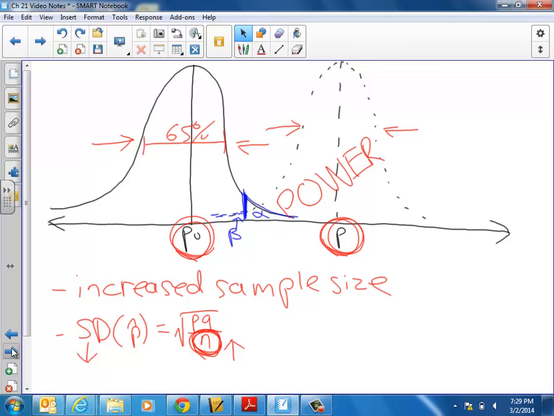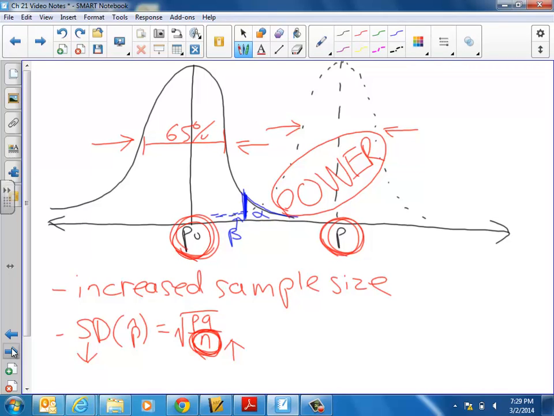The power of the test, the probability that I correctly accept the alternative hypothesis that P is something other than P naught, when that's the case, goes up as long as my sample size has increased.